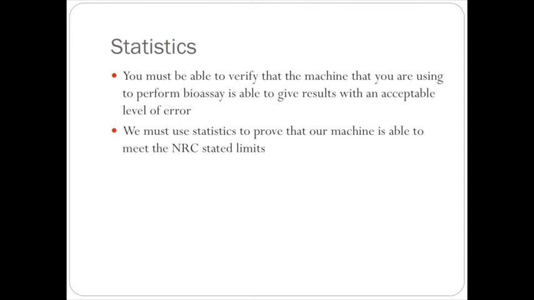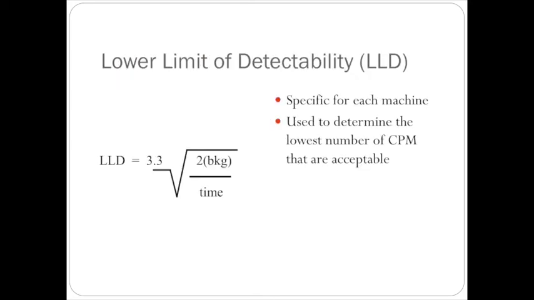And so when we talk about error, especially in a random substance or random population, we have to use statistics to evaluate that. This formula here is what we call the lower limit of detectability. The LLD is specific for each machine, so we're going to have several single channels set up, and not all of them will have the same LLD. Basically that tells you the lowest number of counts that your machine can obtain and still be considered accurate or acceptable.